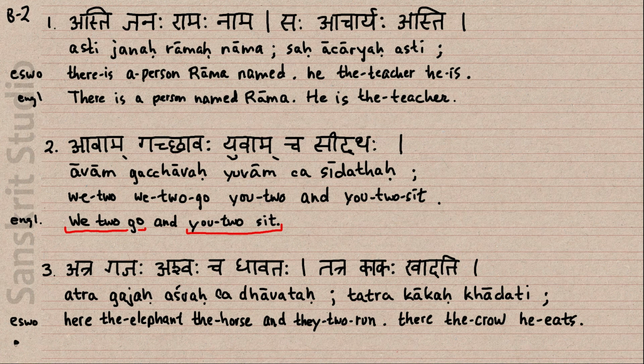We have the eswo and we have the English. Here the elephant. And we try to move the and one step to the left, and the horse. Here the elephant and the horse run.